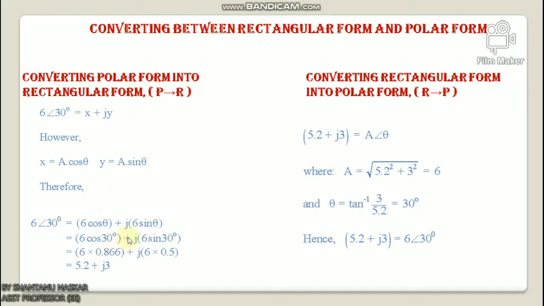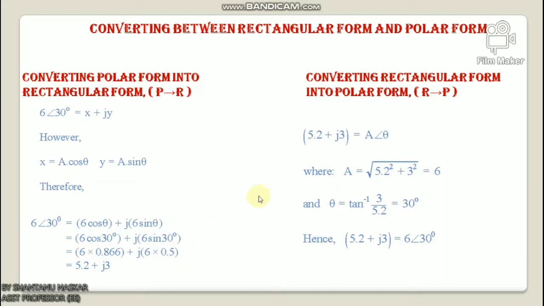So 6 cos 30 plus j 6 sin 30. So 6 into 0.866, the value of cos 30, plus j into 6 into 0.5, as the sin 30 value is 0.5. So converting P to R, polar to rectangular form, 6 angle 30 equals 5.2 plus j3.